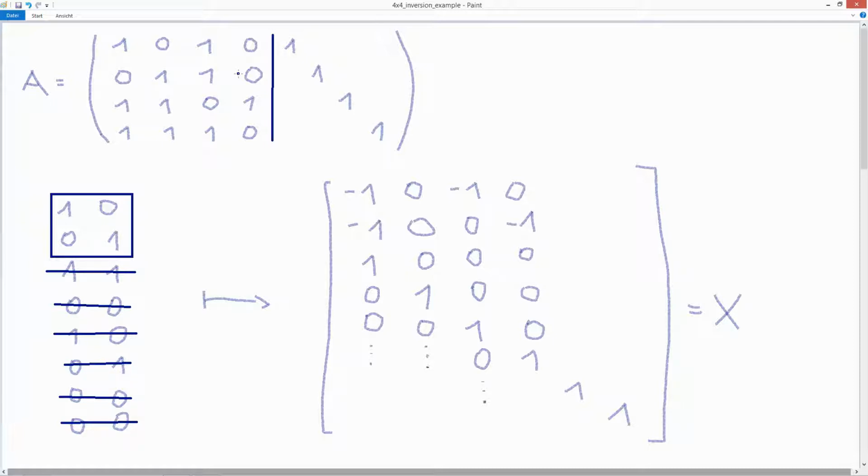So we will ignore these 0 entries. So the only thing we have to do is to insert the columns of X in the third row here and in the fourth row here.